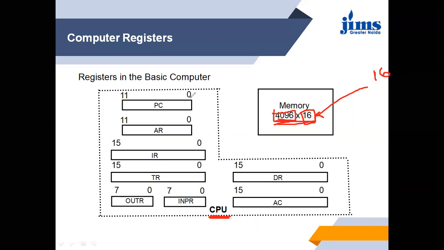There are different registers internal to the CPU, the Central Processing Unit, that is PC, program counter, and DR. Now we will discuss these registers.